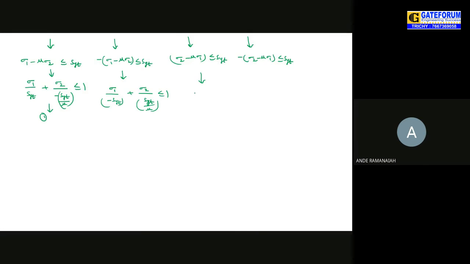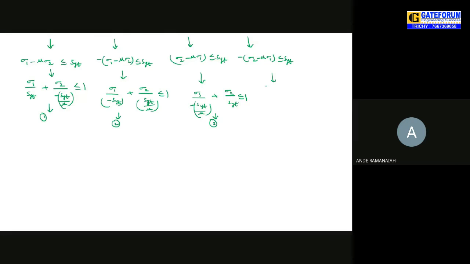And next one, I'm writing sigma 1 first. So sigma 1 by SYT by mu minus plus sigma 2 by SYT should be less than or equal to 1. This is equation 2, this is equation 3, and this is equation 4. Here also same thing, first I will write sigma 1.